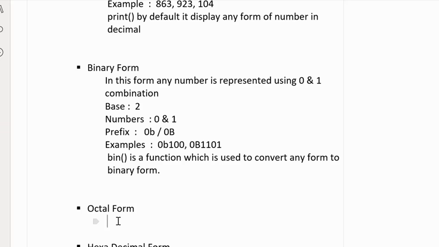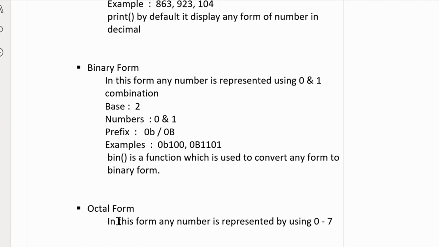So any number is represented by using 0 to 7. These digits are combined to represent the octal form.